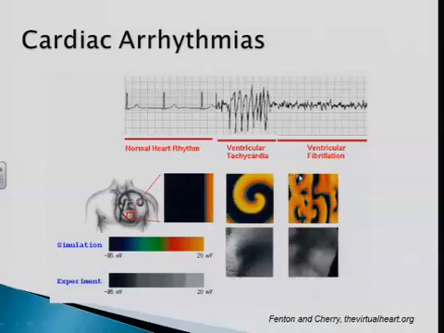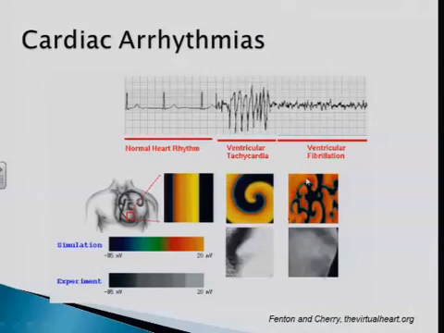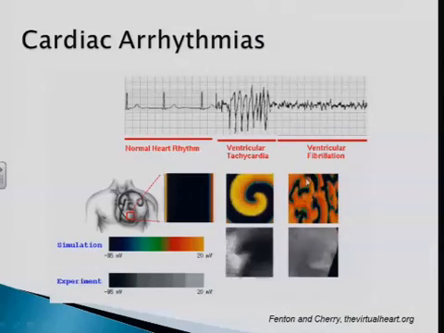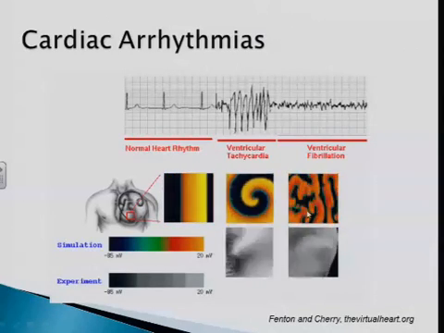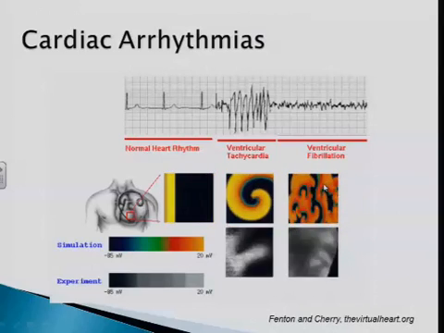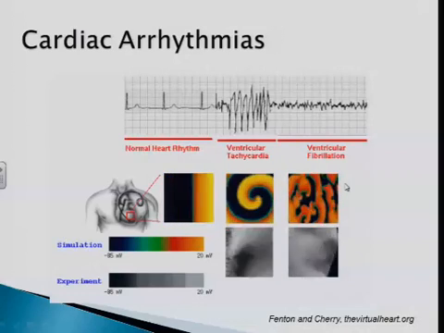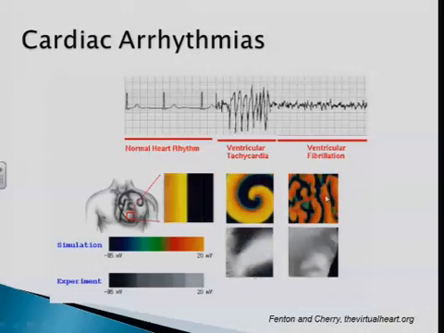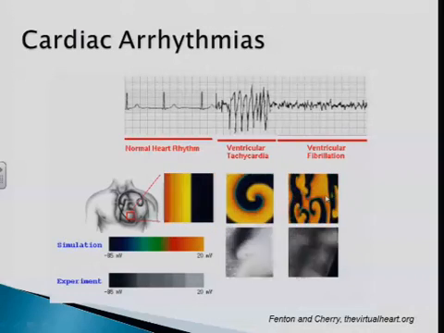If the tissue starts to get these ectopic beats, that is EADs, DADs, each one of these wavelets will break up until you finally get this disorganized or chaotic type of behavior where action potentials are just propagating through the tissue. This is what's known as fibrillation.